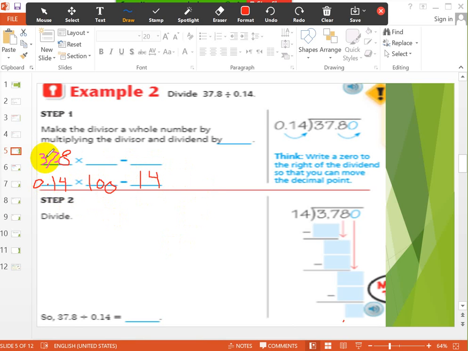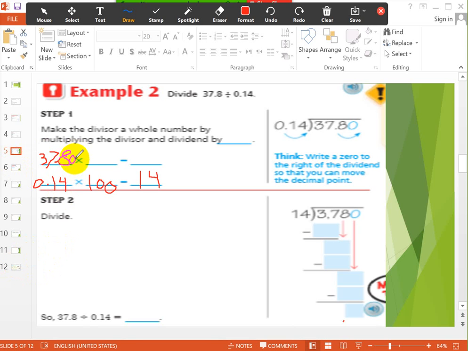Now what about 37.8? You know that the value of the digit on the right side after the decimal point will be 0, but it's okay if I didn't write it because I can ignore this digit.